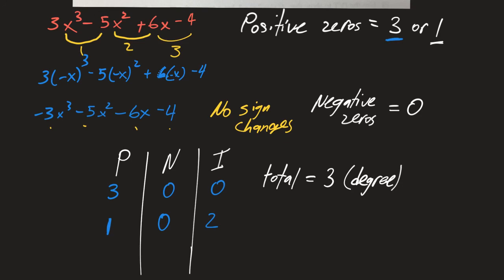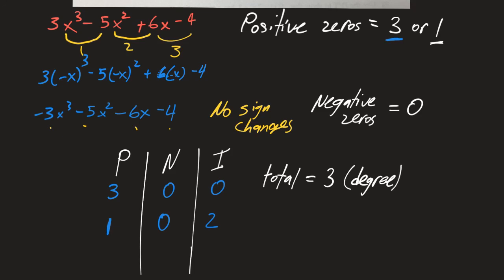This P and I chart helps you track how many zeros are available and in what combinations we could put them together. So in this case, I know that at minimum I've got one positive answer, and maybe up to three positive answers as zeros here.